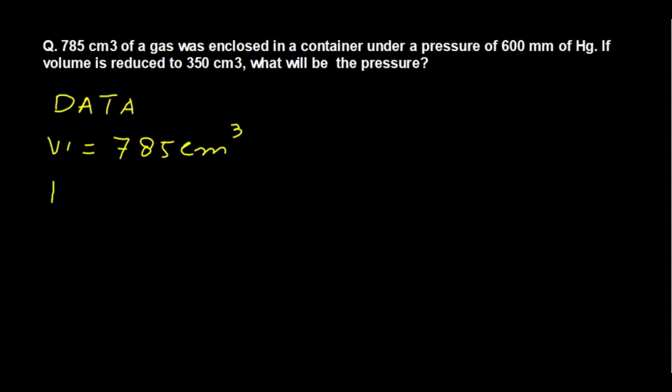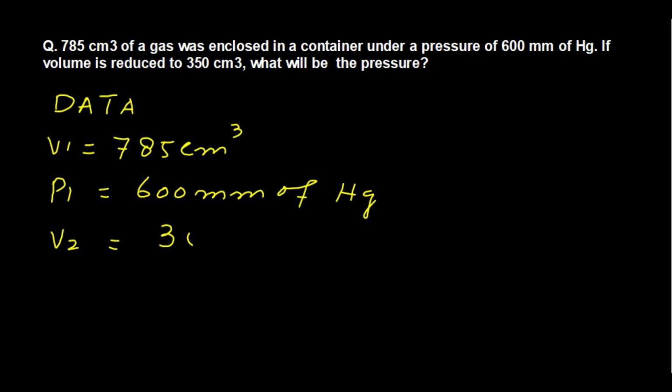And initial pressure P1 which is given, it is 600 millimeter of mercury. Similarly, the final volume which is given, that is V2, is 350 cubic centimeter. And we are asked to calculate the final pressure, that is P2.